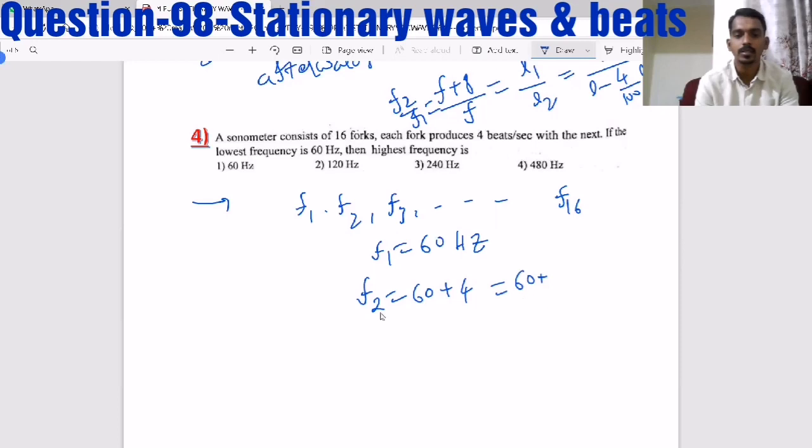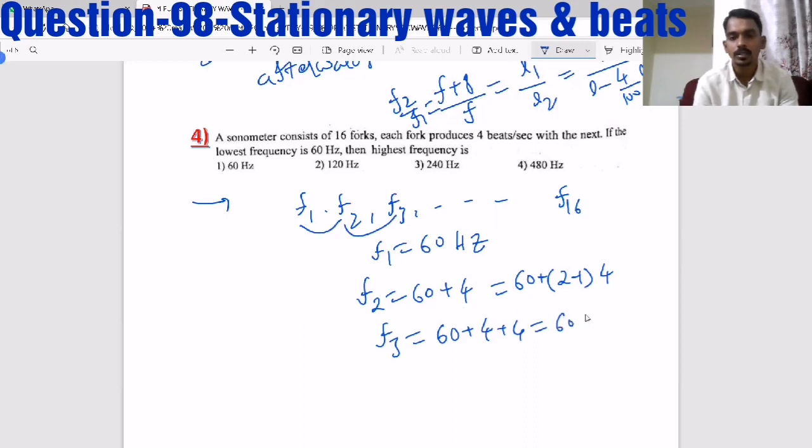Second one means 2 minus 1 into the difference 4. Similarly, F3 will become 60 plus 4 plus 4 actually. F3 means already here 4, here 4. That means 60 plus 3 minus 1 into 4. So a general formula you can write is Fr equals 60 plus r minus 1 into 4.